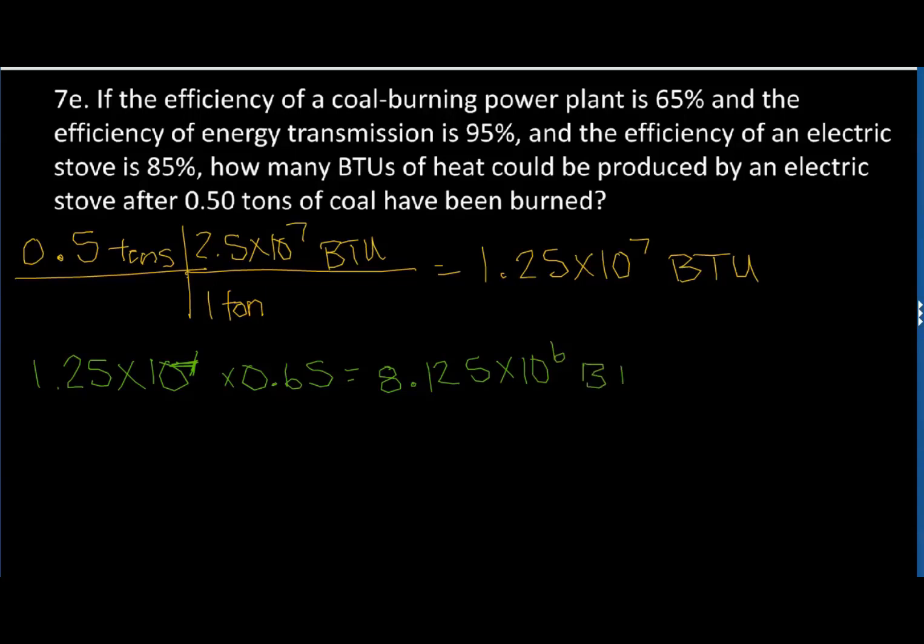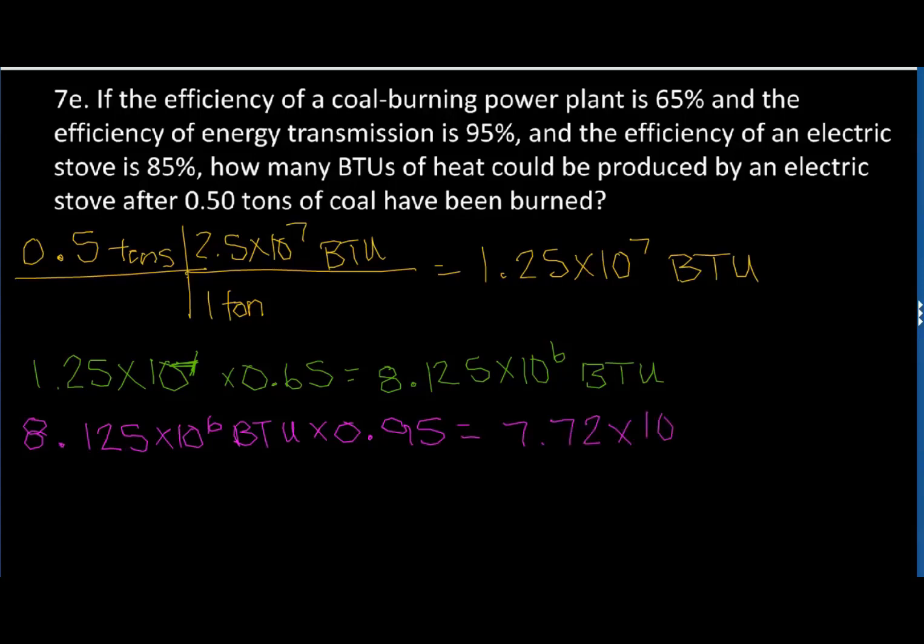Now, we're going to lose some energy in the transmission to your house, and that is 95%, so that's pretty good. That's going to give us 7.72 times 10 to the 6th.